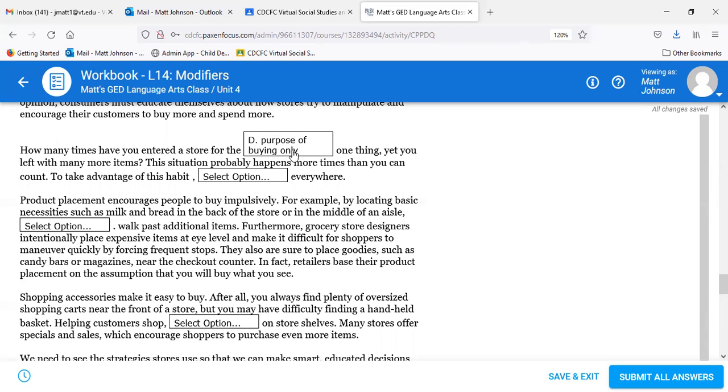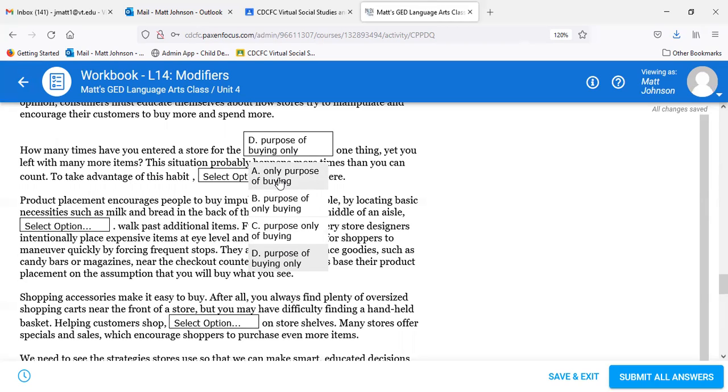Here, only is the modifier. You're going to the store to buy one thing, so only should be before the one thing. You're only buying one thing. The other one's A, only purpose of buying one thing. That's out of order. You have more than one purpose, right?